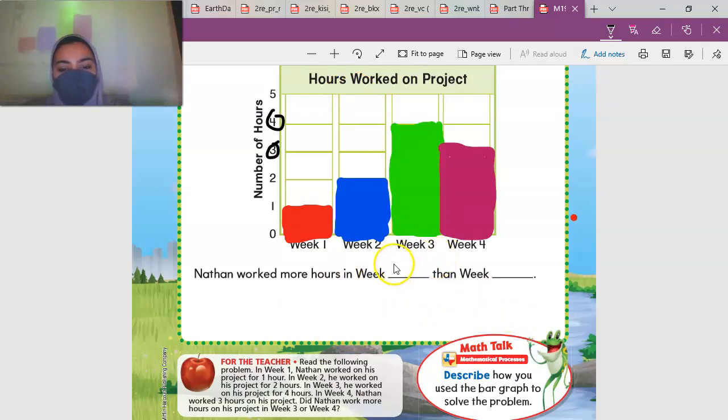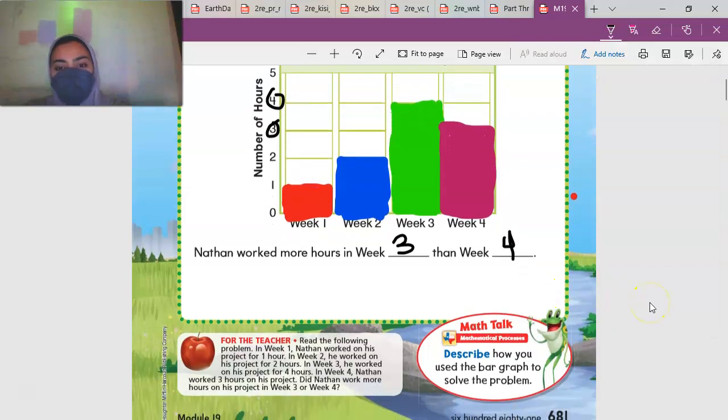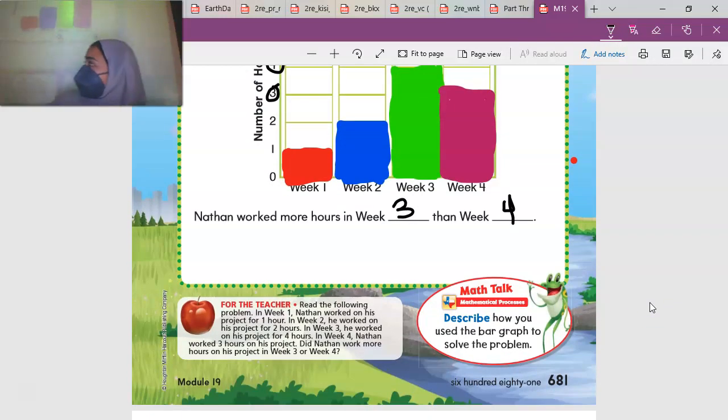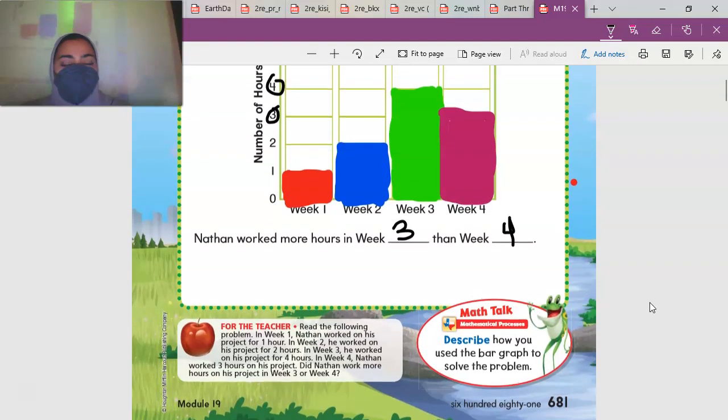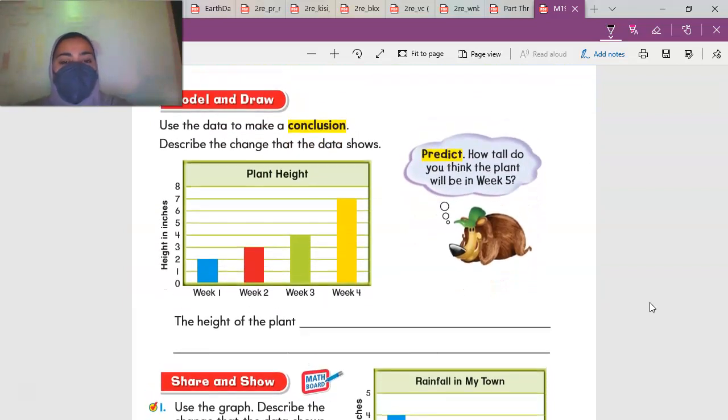He worked more hours in week 3 than in week 4. Okay. Does anyone have any questions? Pretty easy.